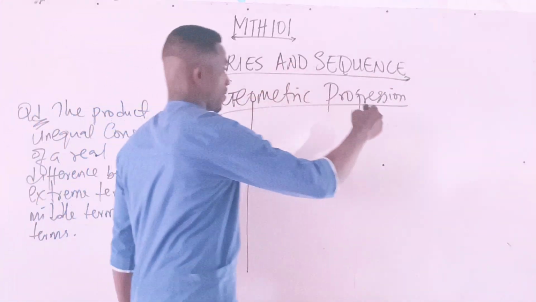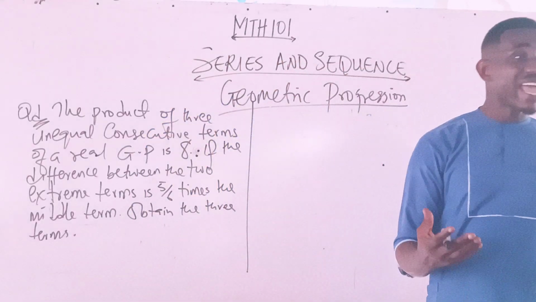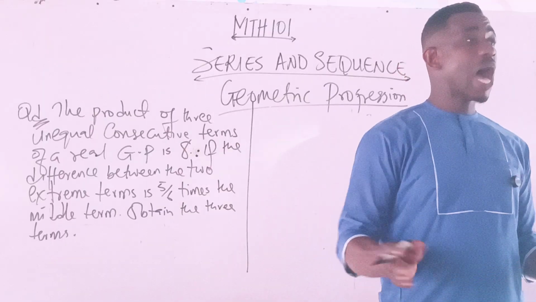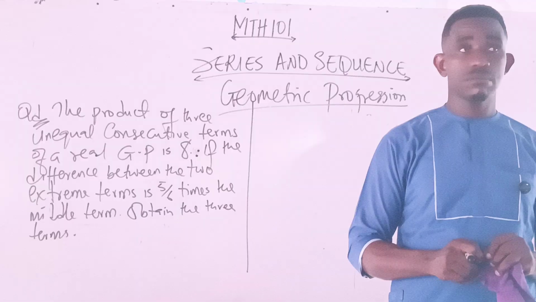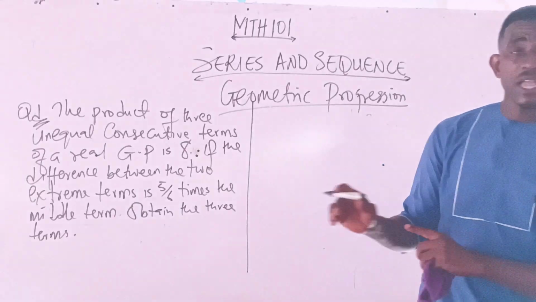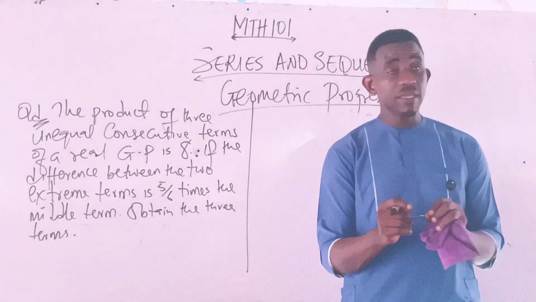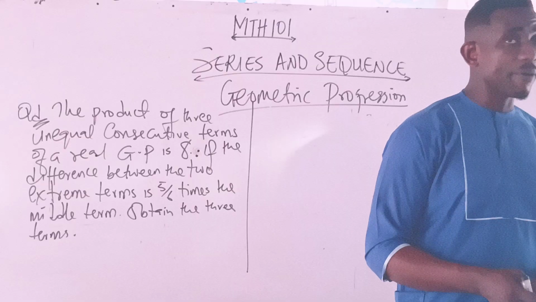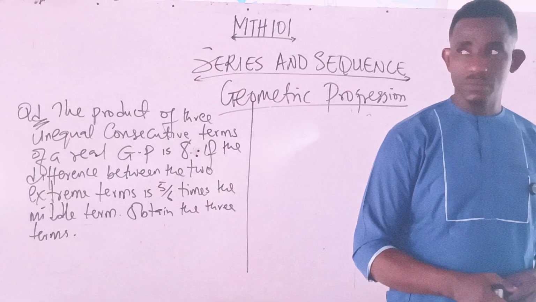All right. I want to show you a secret. If they say obtain, like this kind of question, how they solve it sharp sharp is like this. If they say 5 consecutive terms, or 3 consecutive terms, or 7 consecutive terms, the number must be an odd number for you to use this method.